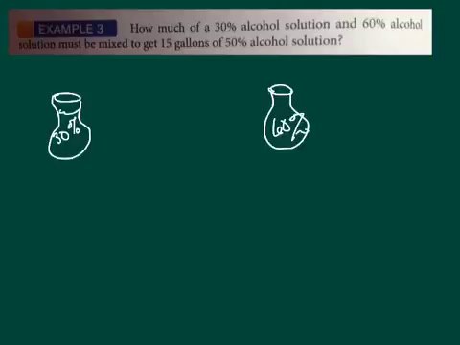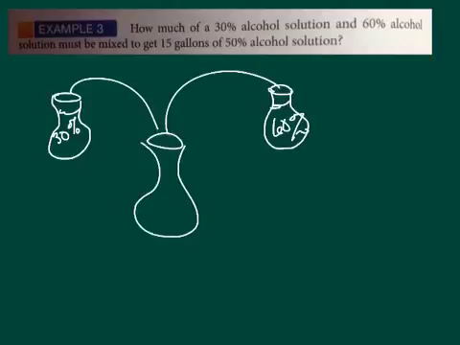Well, we're going to dump a little bit of this and a little bit of this into a container so that it has a 50% alcohol amount. That means we're probably going to have to dump more of this, because if we just dump this in there, we get 30%. So we have to dump a bunch of this in there to raise that 30 to a 50.